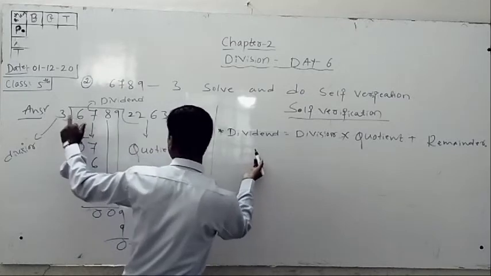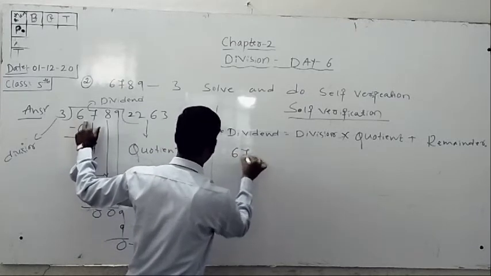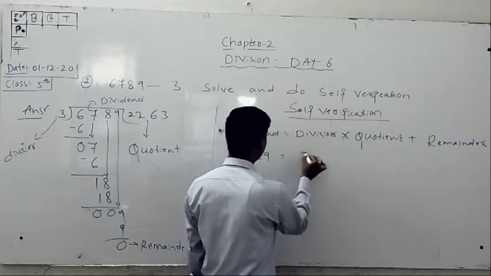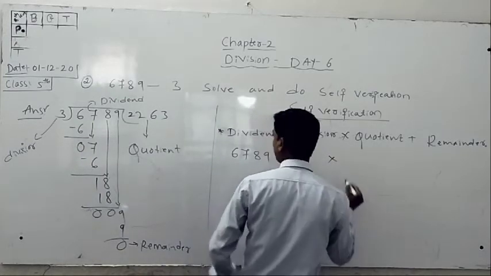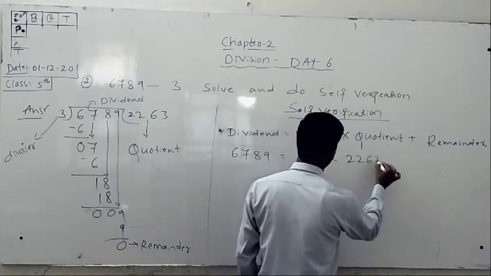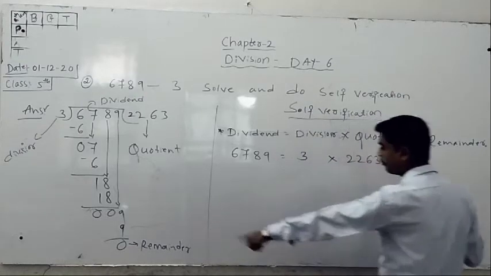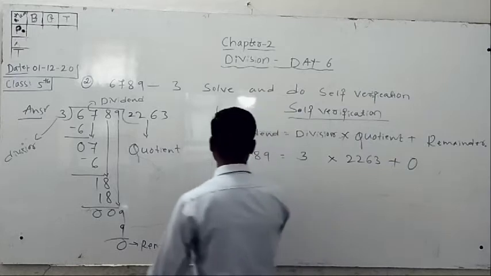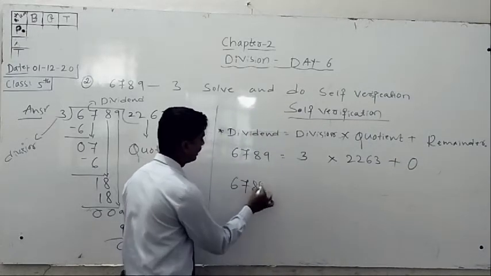What is the dividend? We should write as it is. 6789 is equal to, what is divisor? 3. Quotient how much? 2263. Then plus remainder how much? Sir, it is 0. So you should write 0. Then 6789.